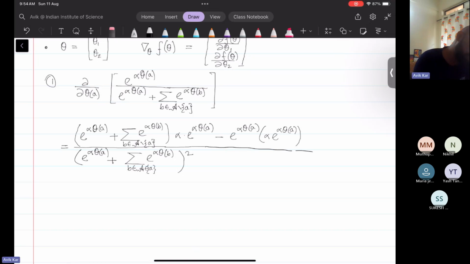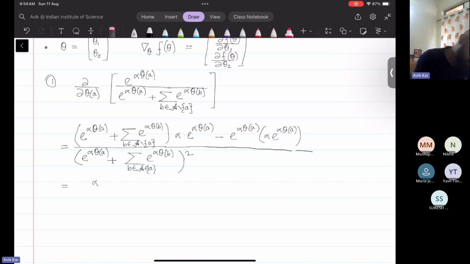If you multiply this, the first term and the third term will cancel out. Hope I am right.